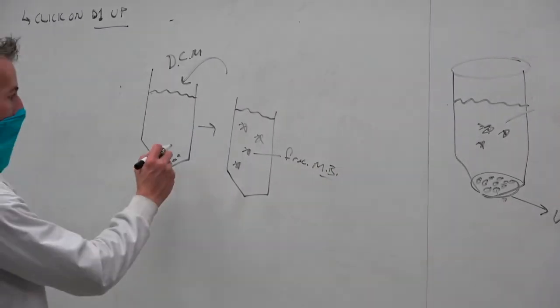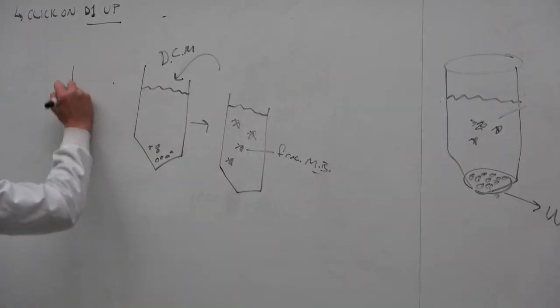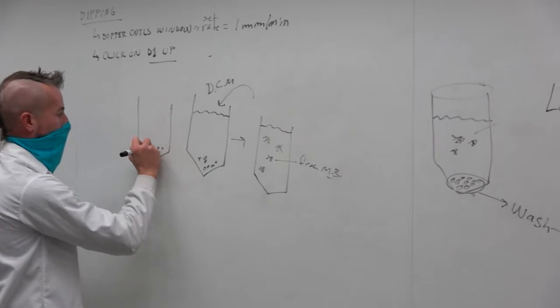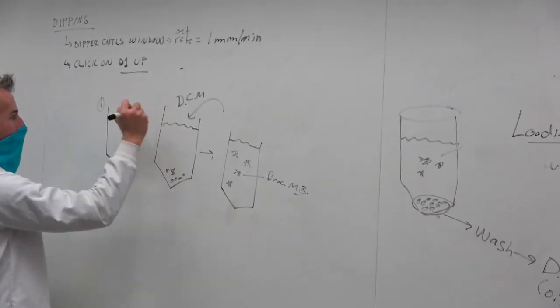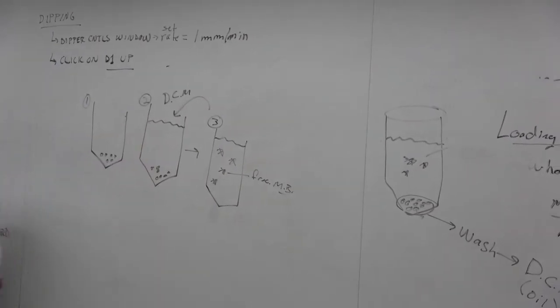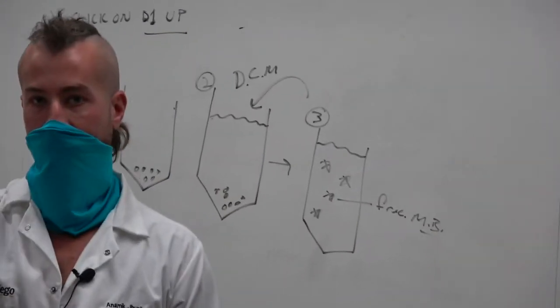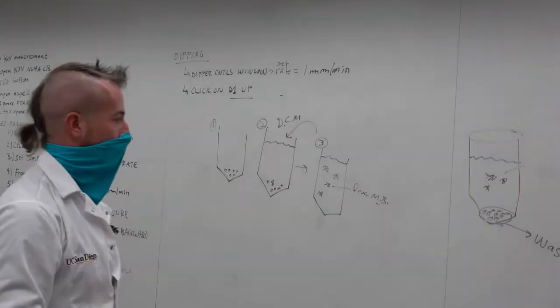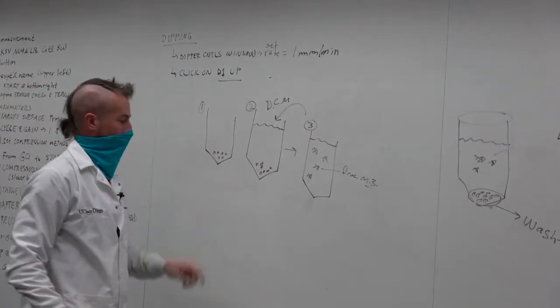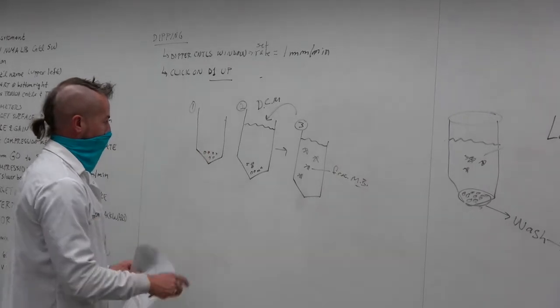And if you know how much mass, well, first there's a step here. First step is you just sprinkle in dry particles. You just weigh out dry particles so you know this mass.